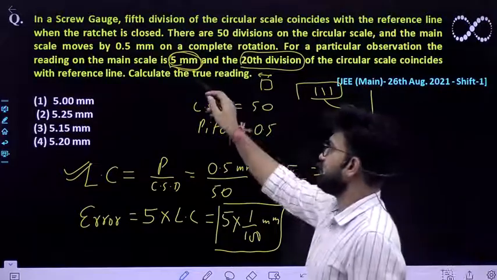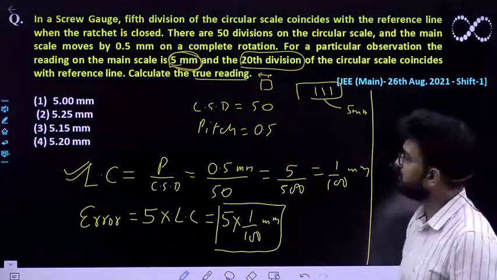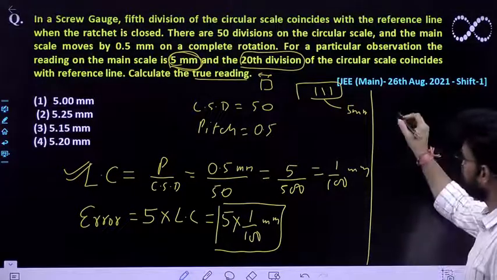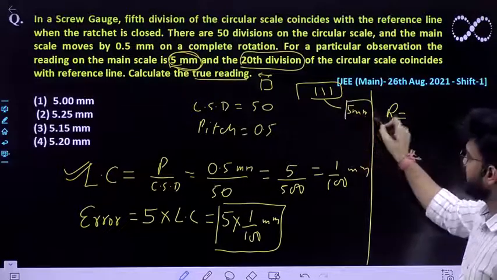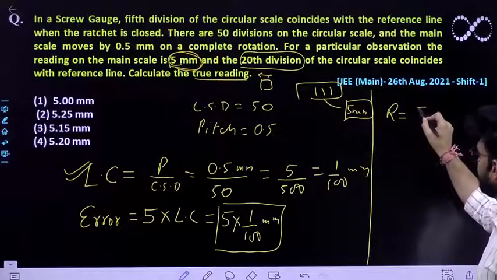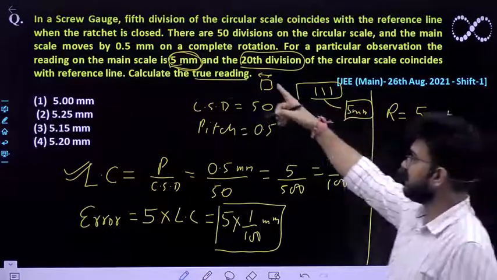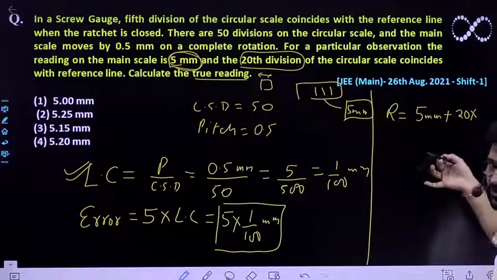To calculate the true reading, what would be the actual value of this particular object, what is the actual length? So we already know that this reading must be equal to the reading of the main scale, which is 5 millimeter, plus the circular scale has a division of 20, so plus 20 into least count.